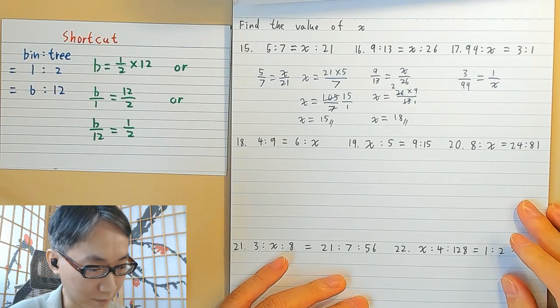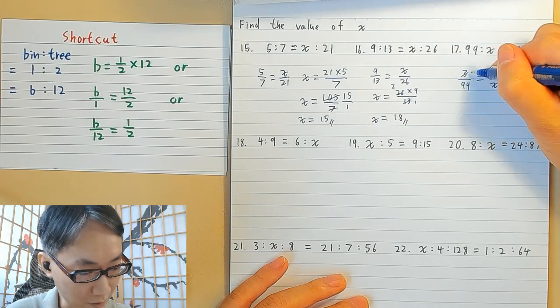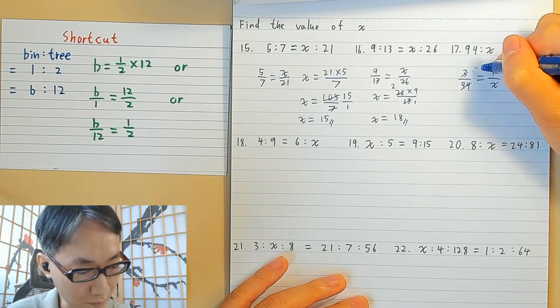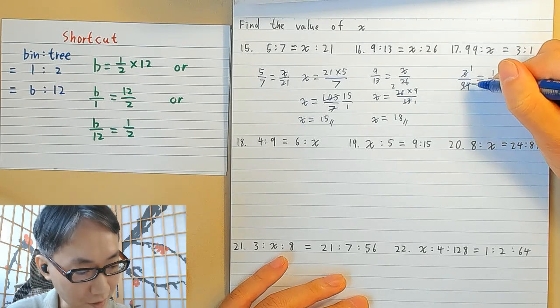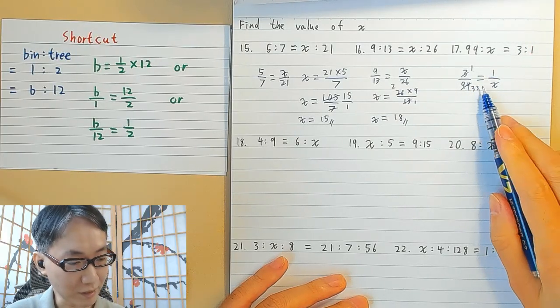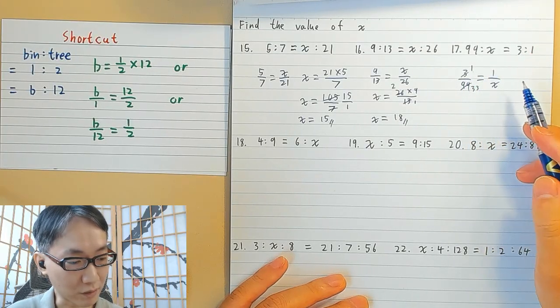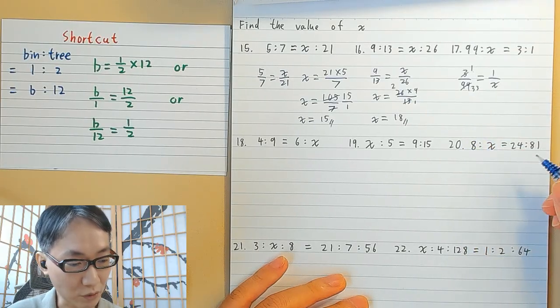So this can be simplified, dividing both numbers by 3. 3 divided by 3 is 1. 99 divided by 3 is 33. You can see both of them have the numerator of 1, and both of them should have the same denominator, which means x is 33.